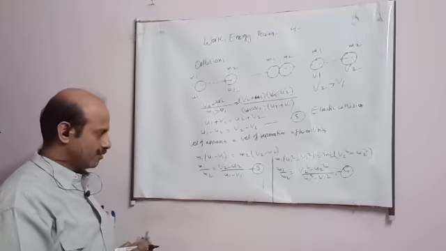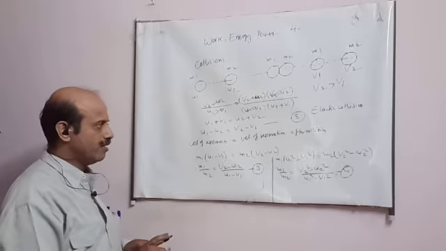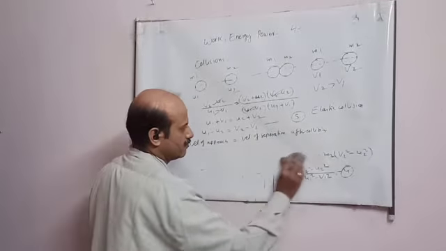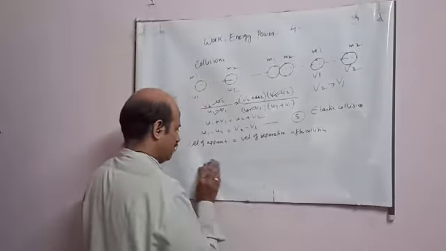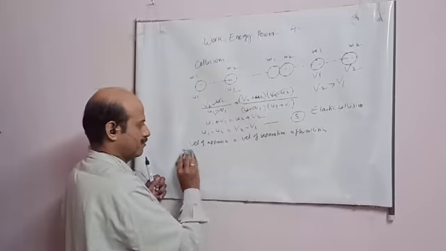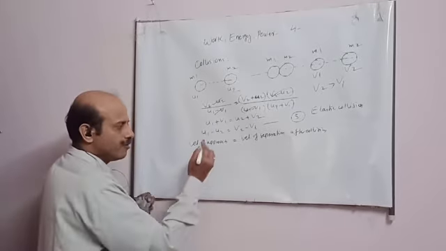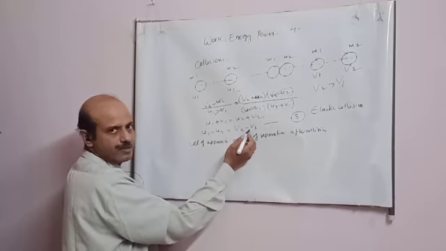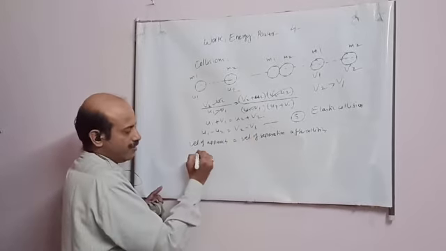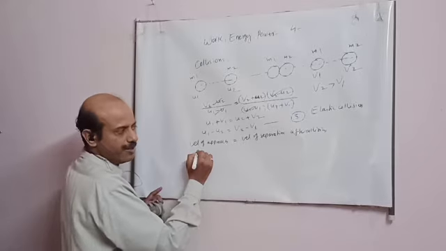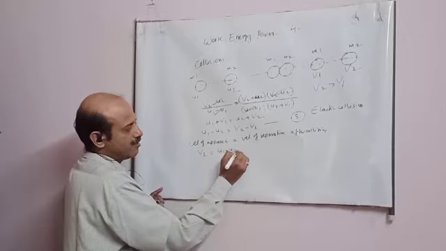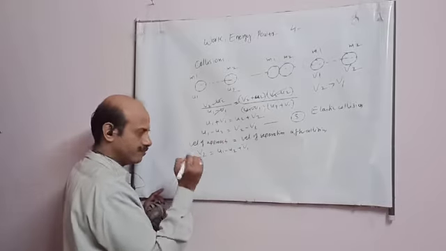Now, student, from the conservation of momentum, this is velocity after collision, we have to find out these two quantities. So from here, the value of v2 will be u1 minus u2 plus v1.